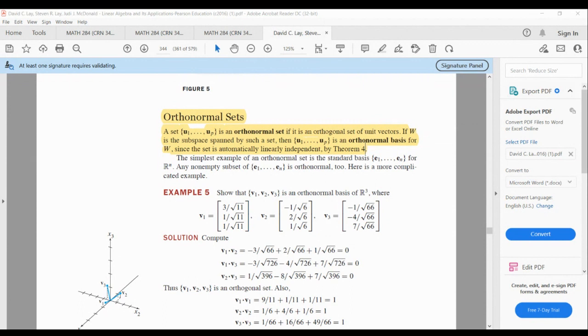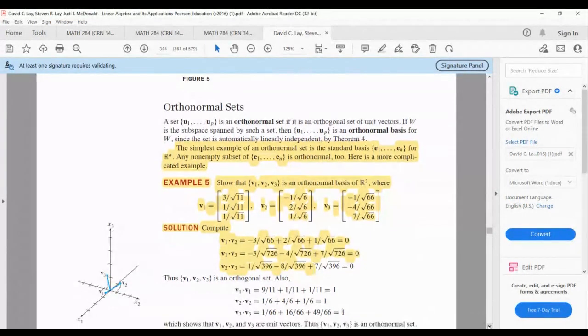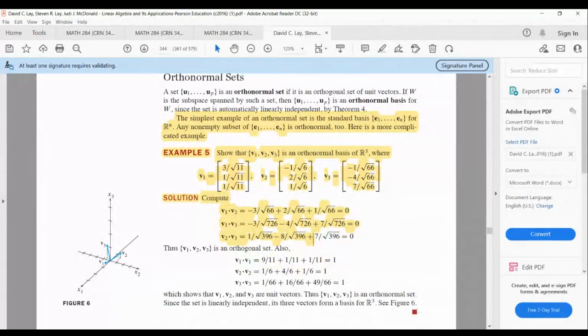What they're doing in example 5 is showing that these three vectors are an orthonormal basis. The orthonormal basis that you're used to is the IJK basis, or the E1, E2, E3 basis. But here, it's really not hard what they're doing. They have three vectors, V1, V2, V3, and you can see the picture in figure 6 on the left.